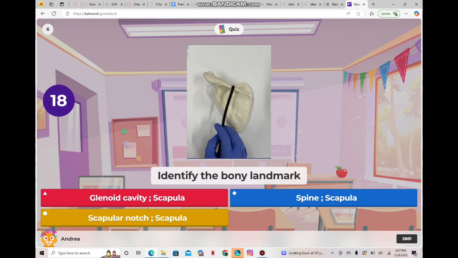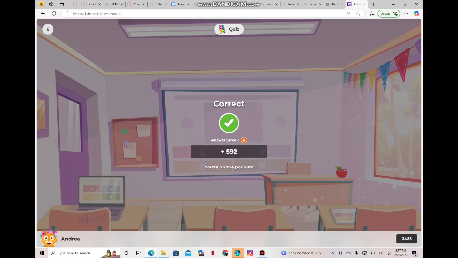This one can be a little confusing. I think of it as it sticks up, so it is the spine of the scapula. It almost looks like a neck in a way if you really have an imagination for it, and that's how I remember that it's the spine.